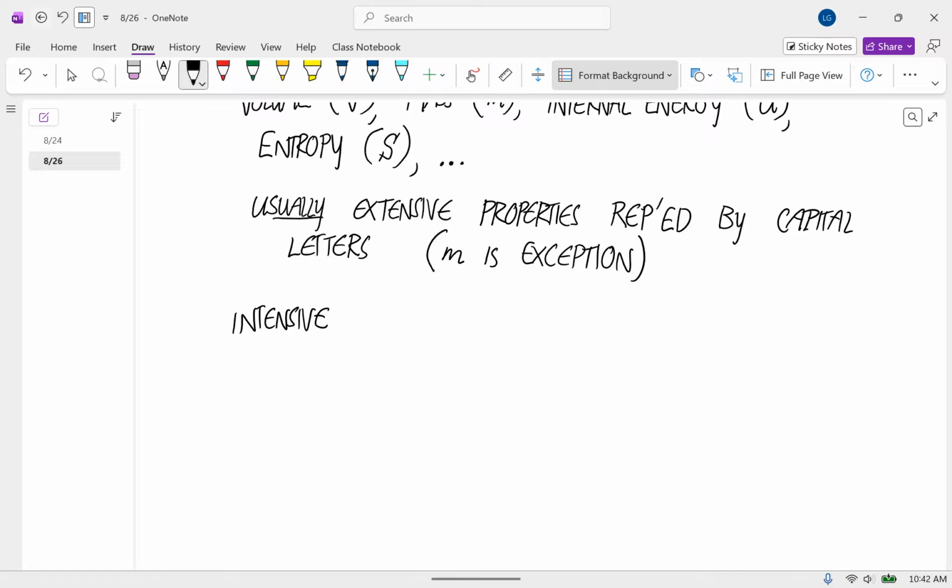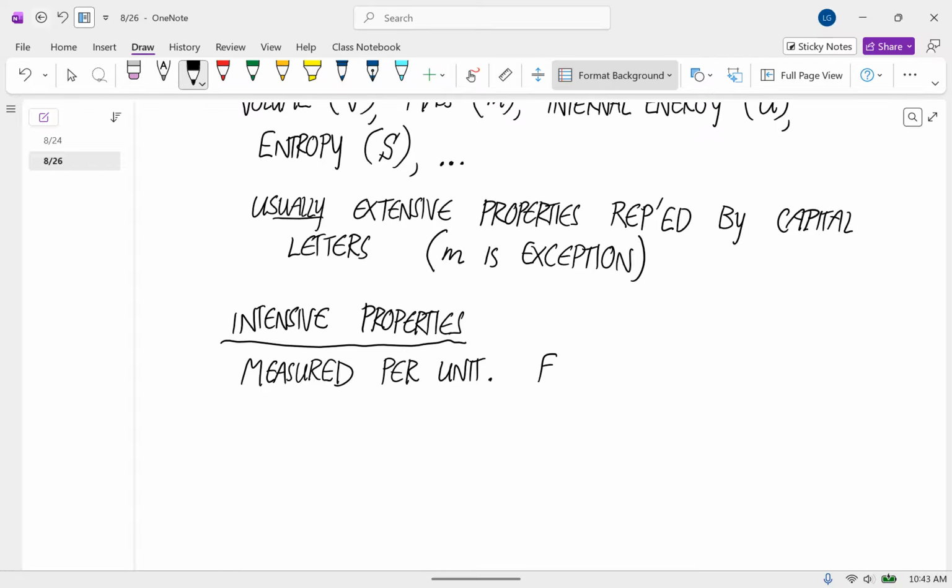Well, anything that's not an extensive property is an intensive property, and intensive properties are always measured per unit. For us, it's most often going to be measured per mass, per unit mass.